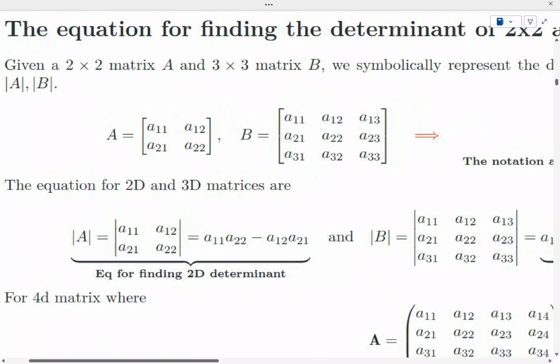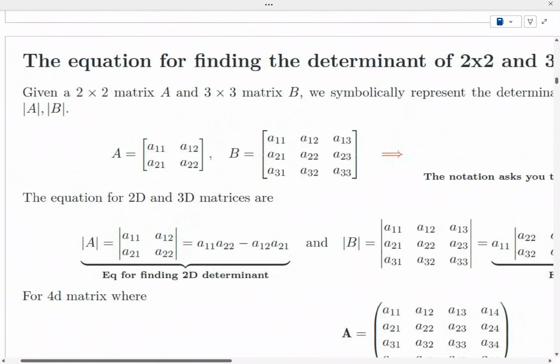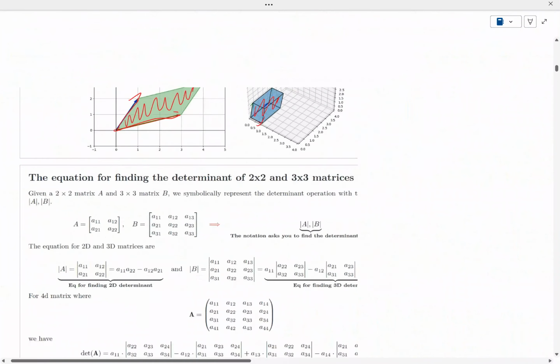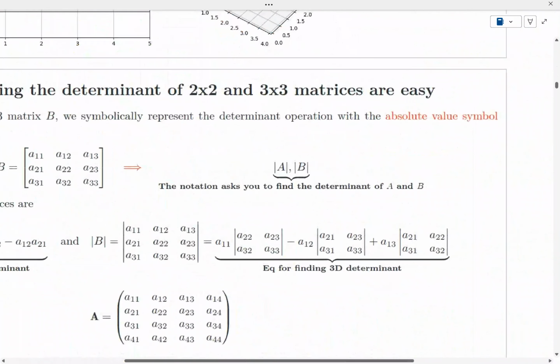For 3 by 3, it looks like this. You take this one, and then you multiply by the determinant here. Take a second and look. Then we take the second number, we cross out this one, so this doesn't exist, and we take the determinant of this. So notice, we multiply by the determinant of these with the middle column canceled out.